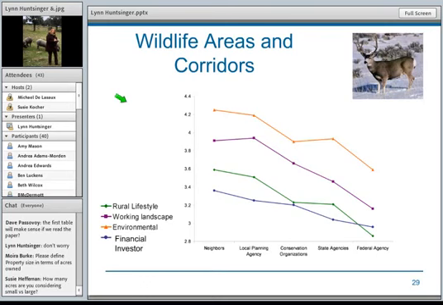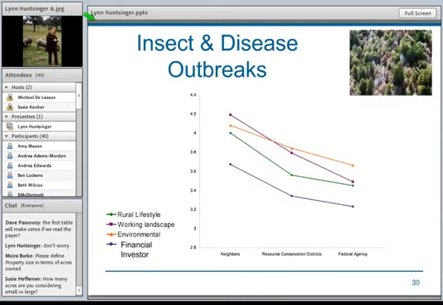They're down here, lower down, as being interested in this. And the working landscape and environmentally oriented people, more interested in working on wildlife areas and corridors. There they are, with their neighbors and with these other groups. This is lower down here than it was in the previous slide on fire hazard management. Okay, fine.